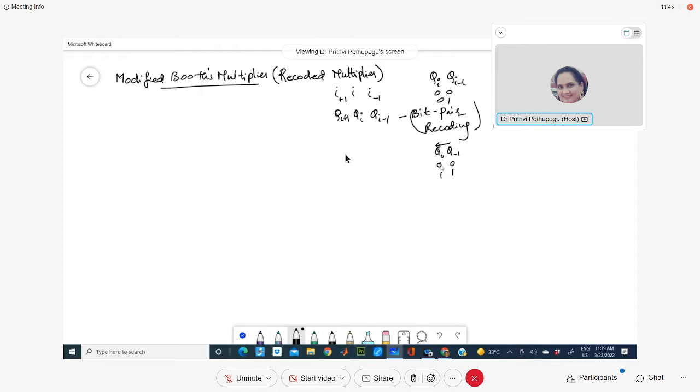If it is 0 to 0 or 1 to 1, the pair value we give is 0, meaning that there is no change in the magnitude of the value we are considering. And if it is 0 to 1, q_i minus 1 is 0 and q_i is 1, then the recoding of that bit pair is minus 1.